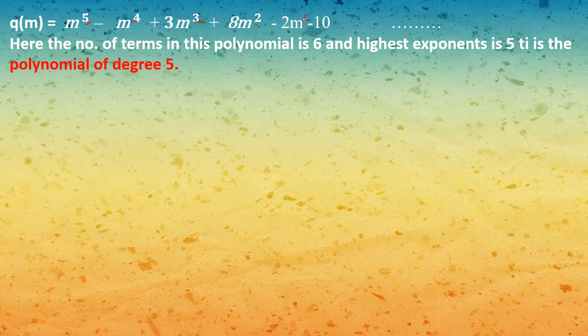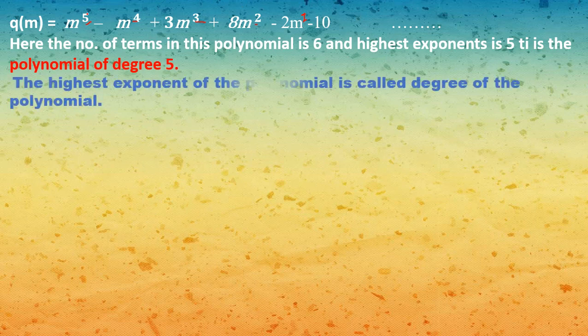Now when we ask what the highest exponent in this polynomial is, you will quickly say 5. This 5 is known as the degree. The highest value of the exponent is called the degree of the polynomial. So we can say the highest exponent of the polynomial is called the degree of the polynomial.